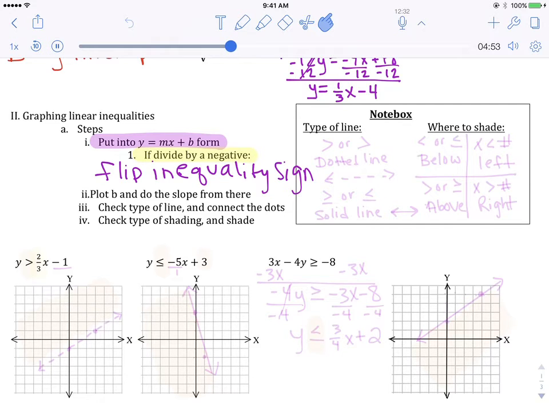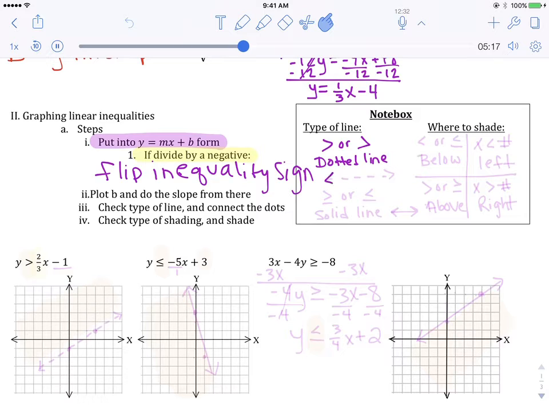So when we look at our type of line and where to shade, we are going to be looking at the type of line. If it is a greater than or less than symbol with no equal sign, we're going to use a dotted line.